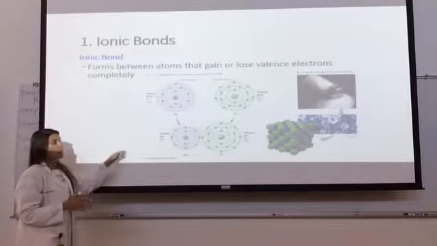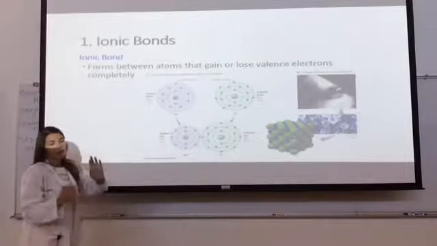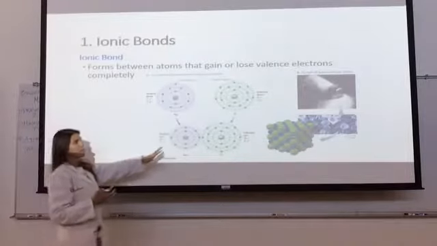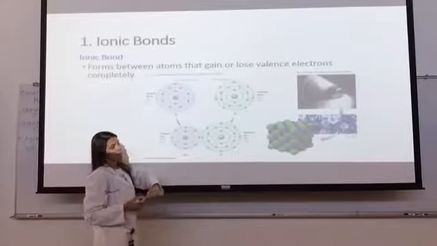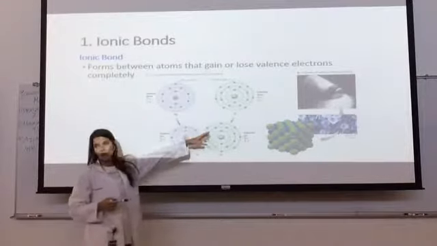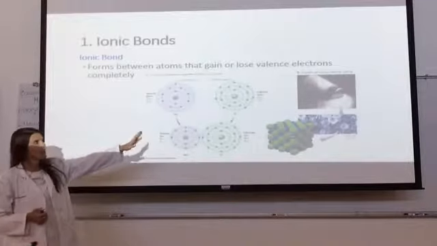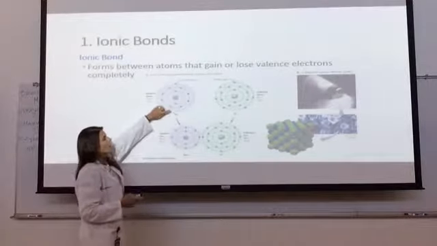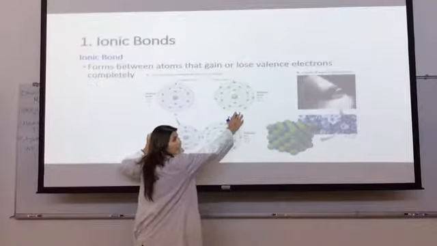So the example that I used for the rest of this chapter is sodium chloride. Does anyone know what sodium chloride is? Yeah, it's just salt. It's just the fancy name for salt. So we're using salt. So sodium chloride is composed of sodium and chlorine.